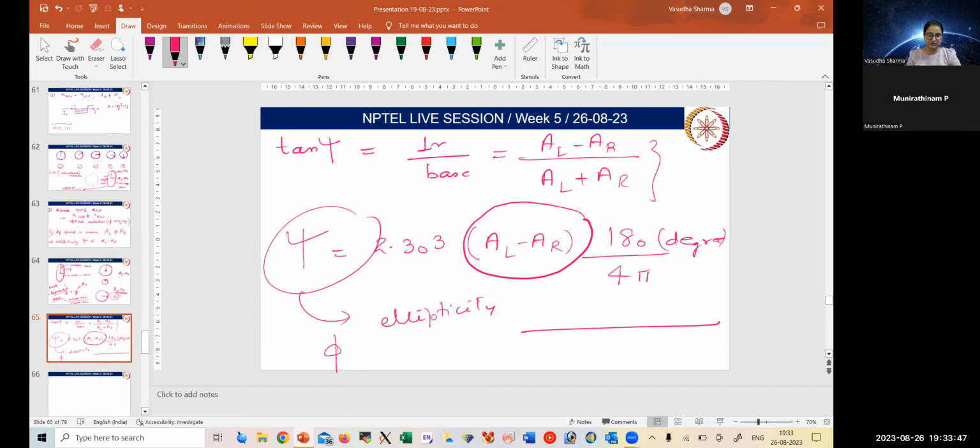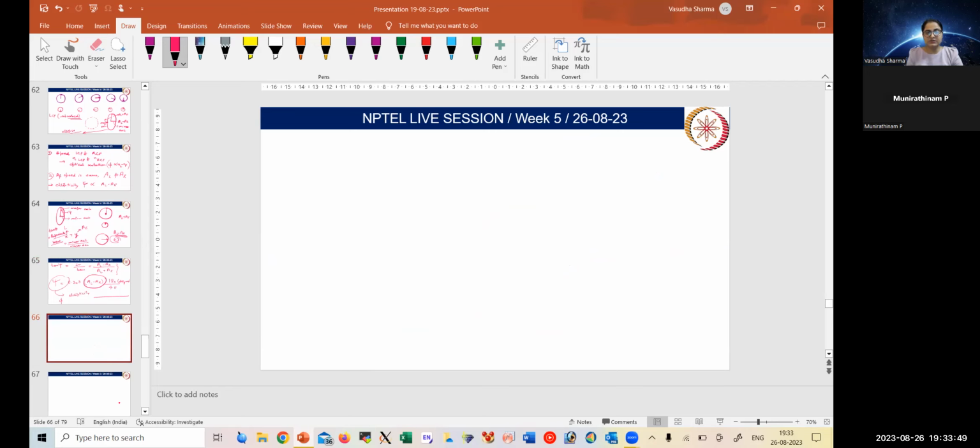Okay. So now the next concept is, as we already know, absorbance, because we were talking about the ellipticity. Absorbance A is nothing but epsilon C into L, where epsilon is your molar extinction coefficient.